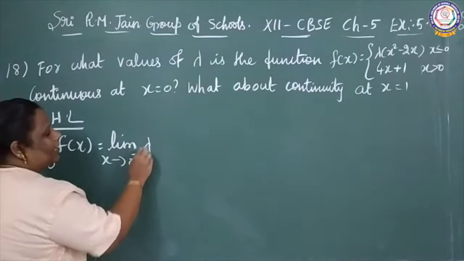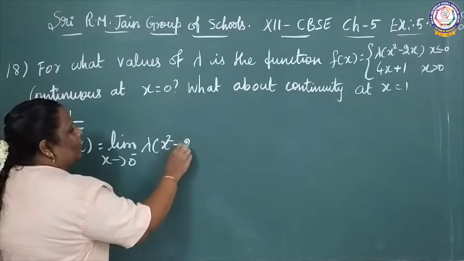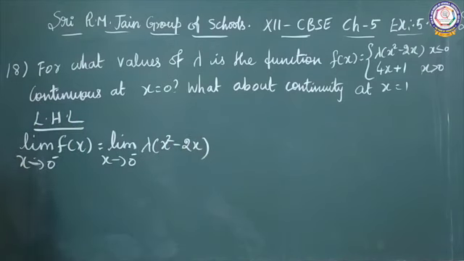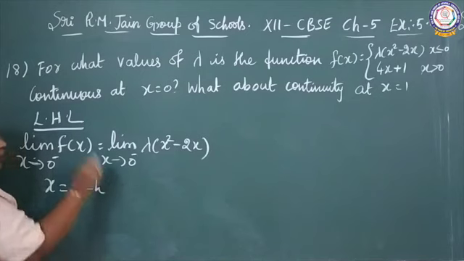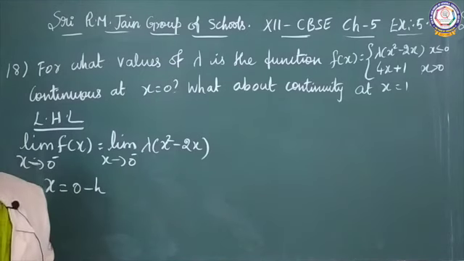You replace x equal to a minus h, and a minus h is nothing but 0 minus h, because the a value is equal to 0.